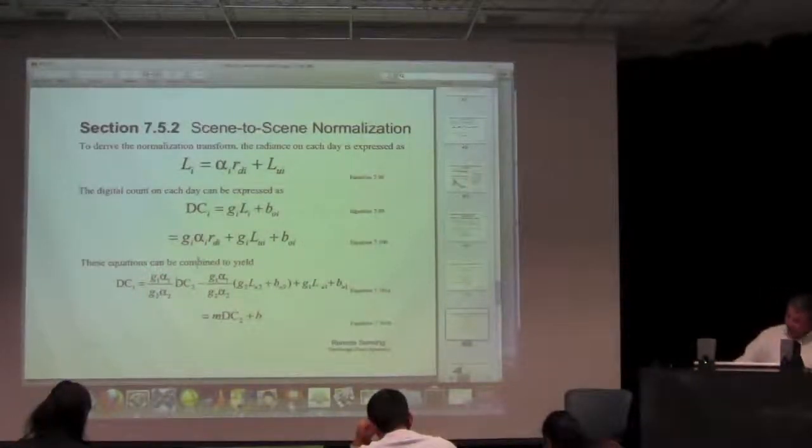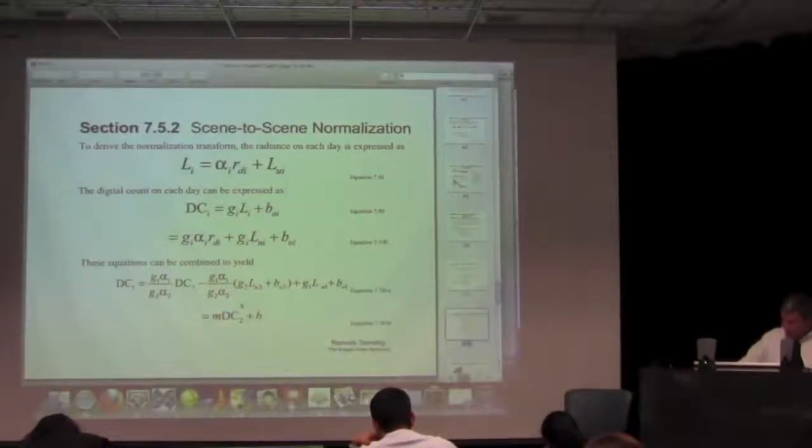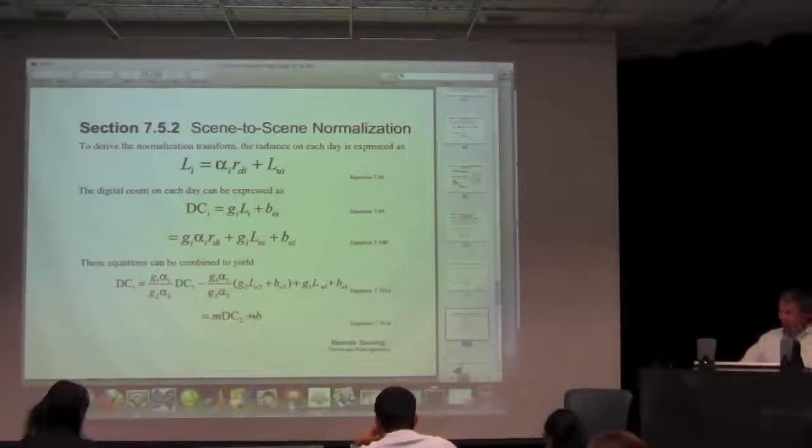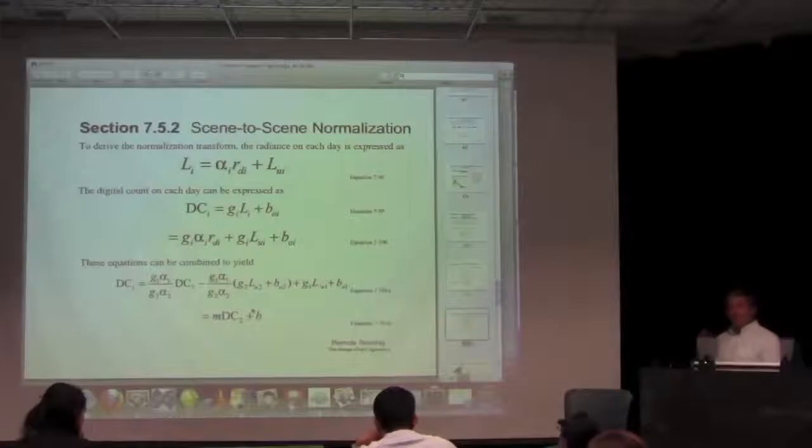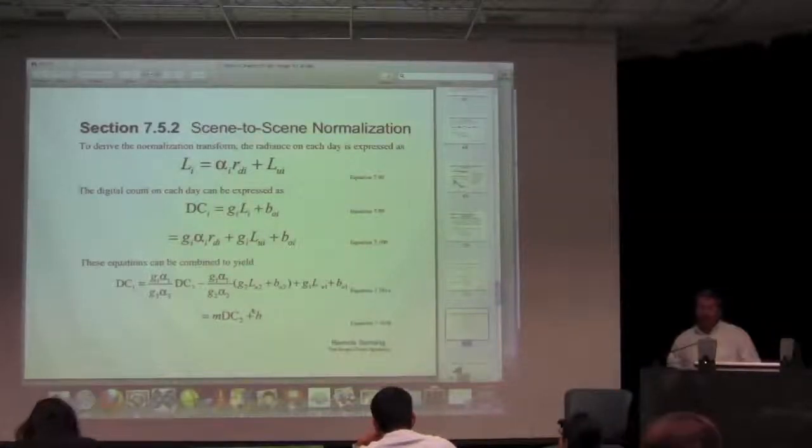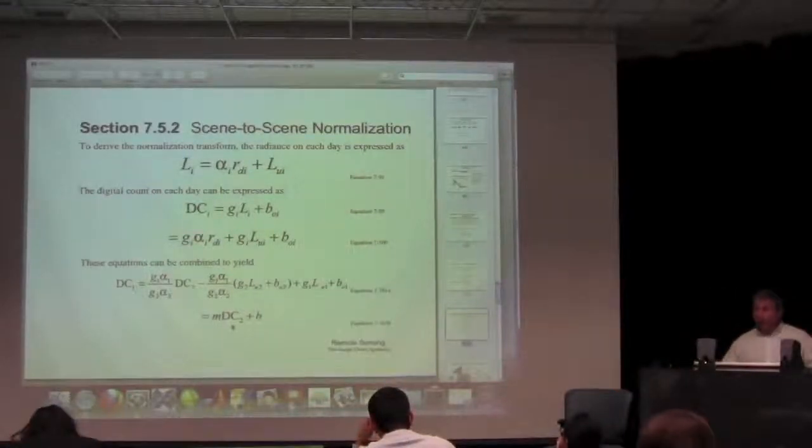If you put all this together, you wind up again with a nice linear equation, where the slope is this fraction right here, and the intercept is all this stuff over here. A lot of different things are in there, system level parameters and atmospheric parameters. But we wind up with this simple equation. So what that says is we should be able to come up with a linear equation that converts the digital counts on day 2 to look like they were taken on day 1.